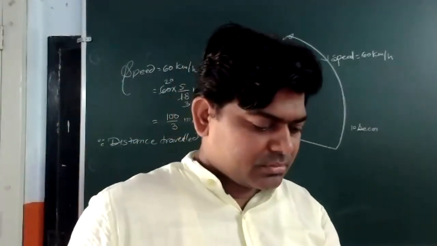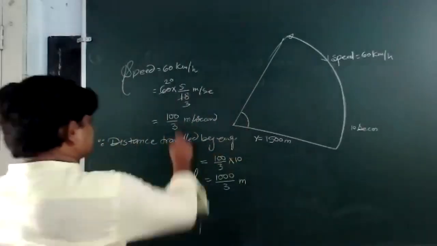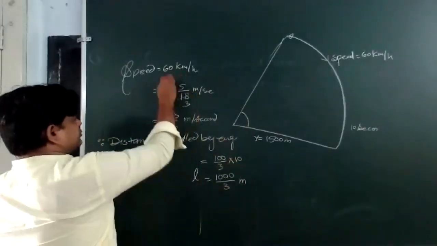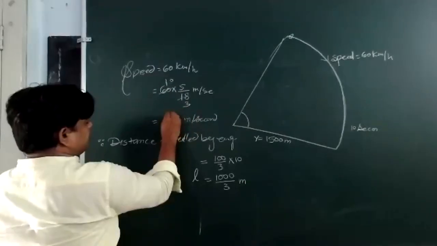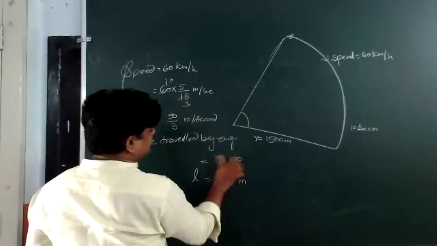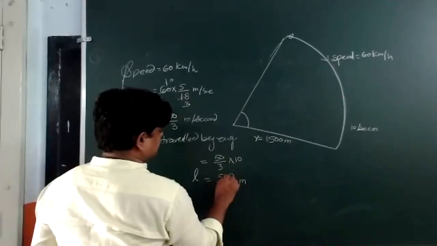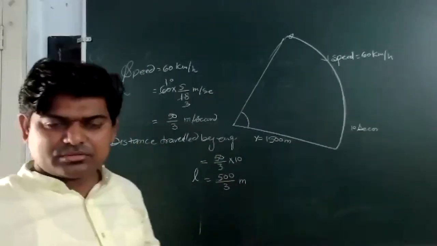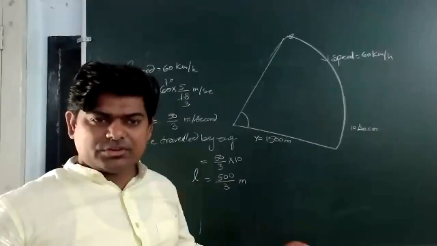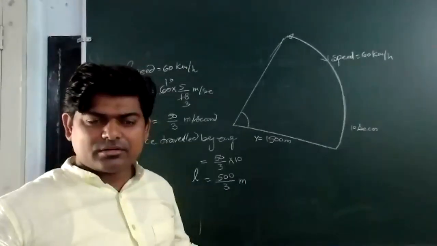Wait 1 minute. 6 into 3, 6 10. Extremely sorry. It will be 50 here. I have 500. It's okay. Anything more?